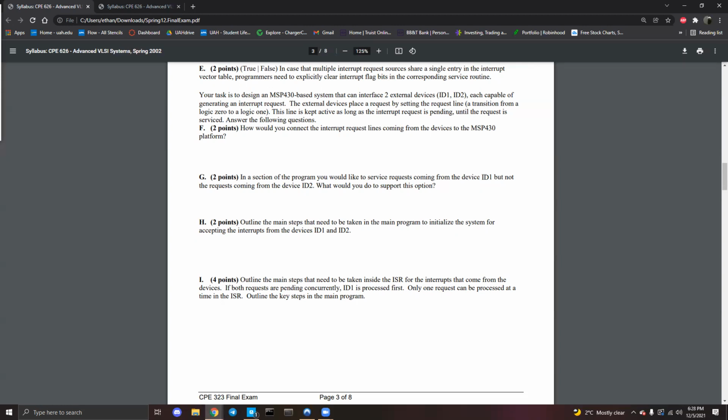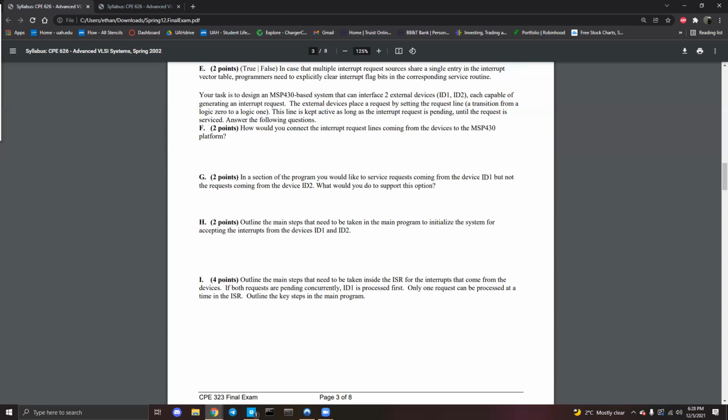This one explicitly says you would like to service requests coming from one but not two. So you would mask two and you would allow one. He answers all of these with what amounts to pseudocode or a sentence. You could also just write the code if you wanted. It's a couple of lines, but I take it most people would prefer to write the sentence out.